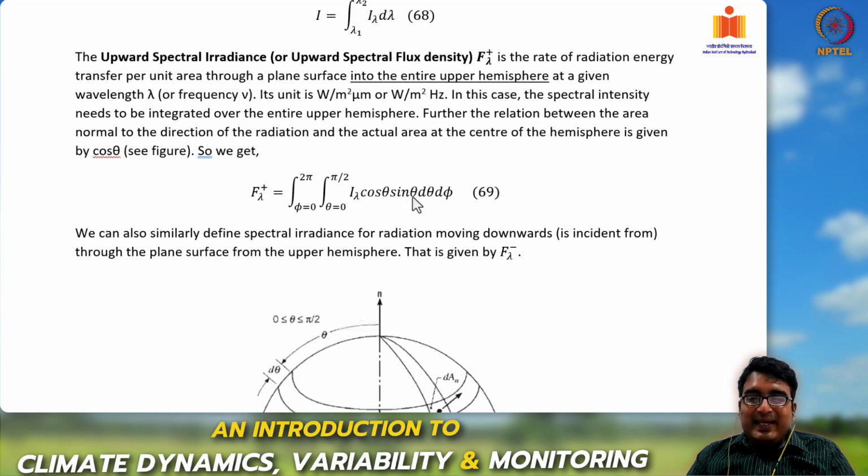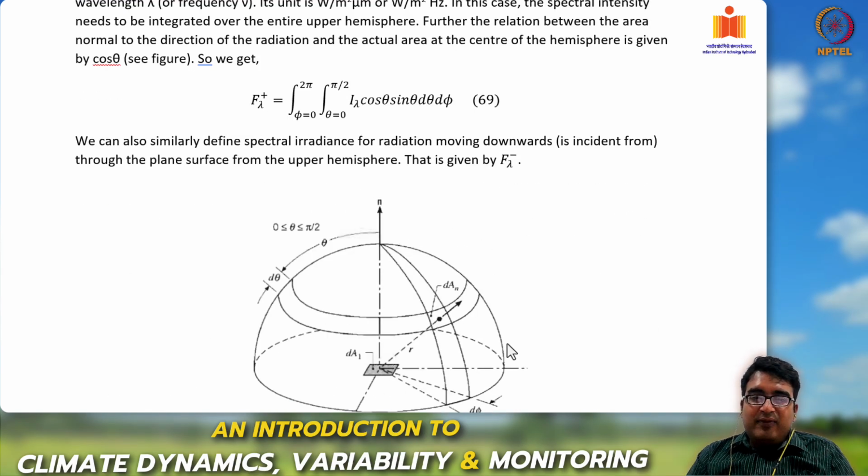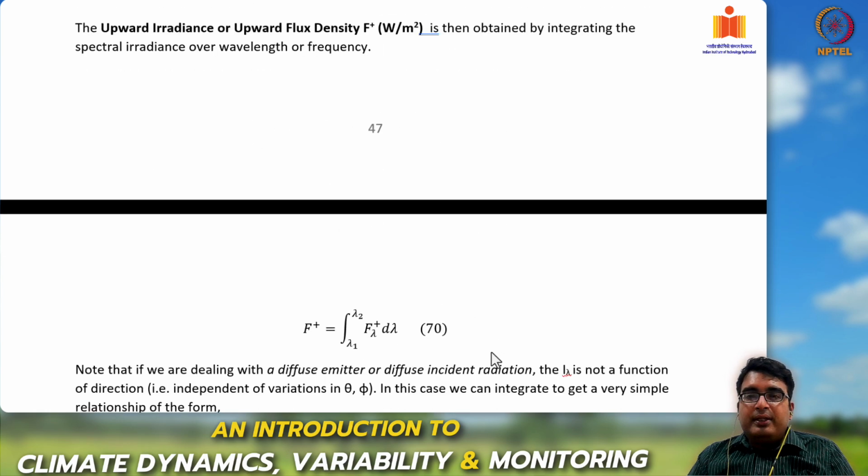And this is the integral over an entire hemispherical region of the entire radiation being emitted or moving upwards from a specific equatorial area per unit area of that plane. And this is given by the integral over the azimuthal and the zenith angles over the entire upper hemisphere or the lower hemisphere.